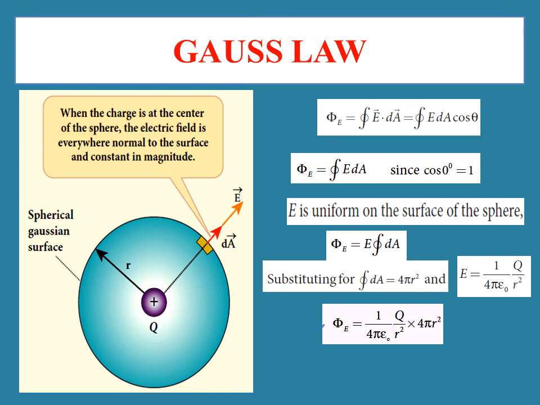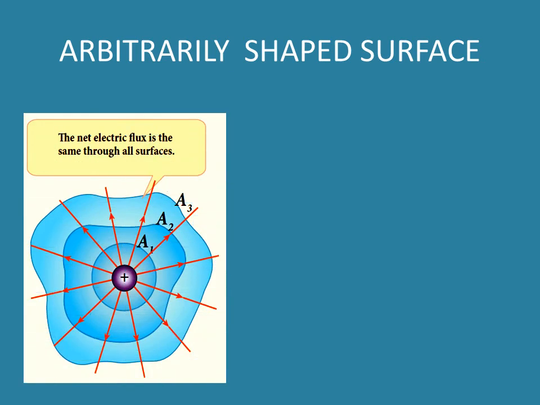So, the net result is that the electric flux, according to Gauss law, will be equal to Q enclosed by epsilon naught. Now, if you take an arbitrarily shaped surface, the net electric flux is the same through all surfaces.